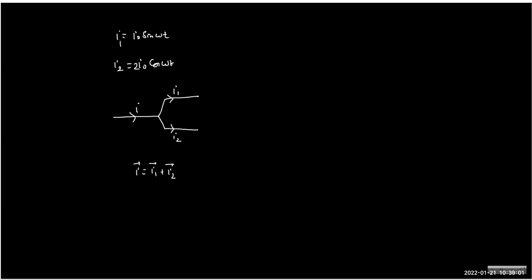Of course, in writing, it's okay to write like this, but the correct way of writing the KCL, the Kirchhoff's current law, in alternating current is I with angle, whatever it may be. So you can say I1 with angle plus I2 with angle. Now, this is the right way of writing.